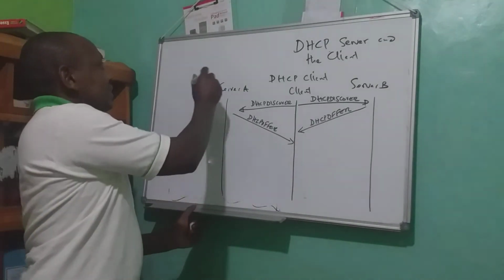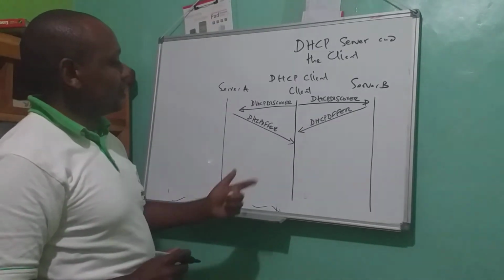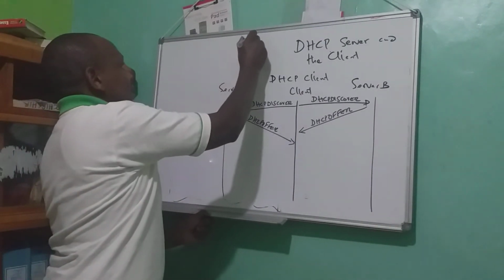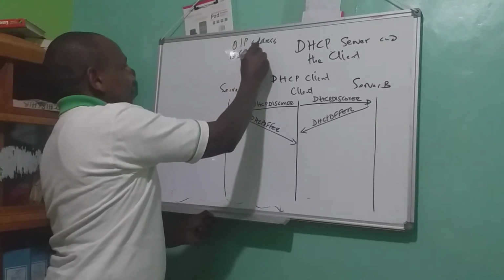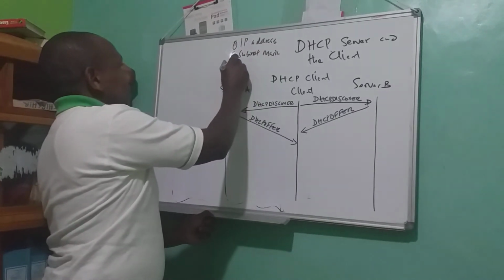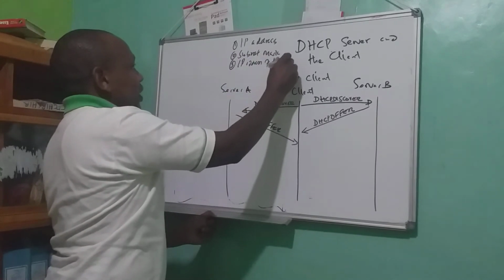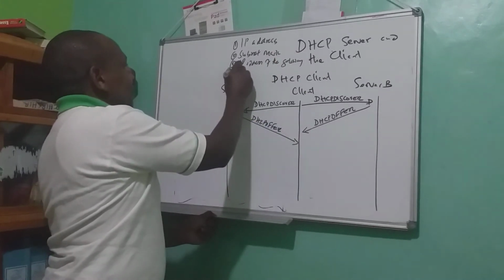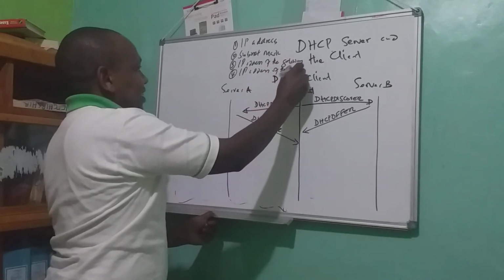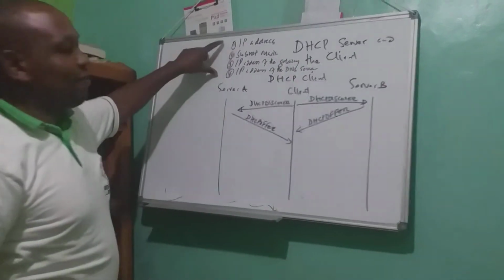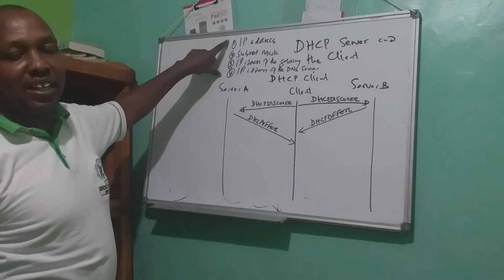And remember last time we said that the parameters that the DHCP server leases out to the client computers include the IP address, subnet mask, number 3, IP address of the gateway, and number 4, IP address of the DNS server. These are the 4 parameters that every client will require to connect to the network.